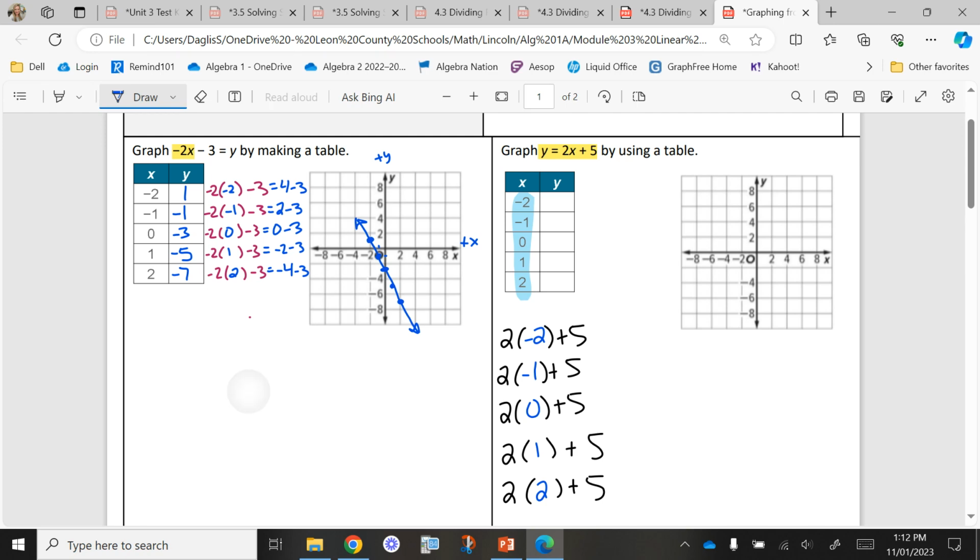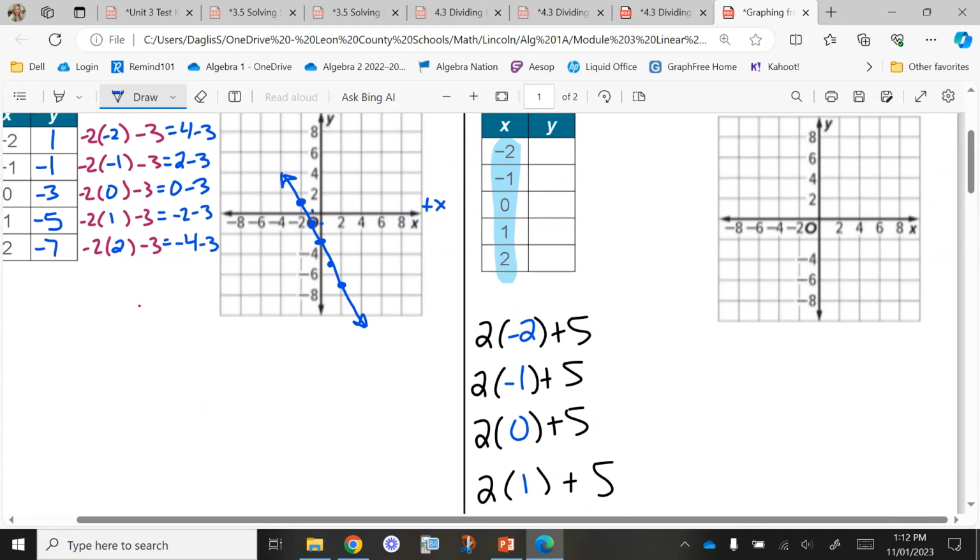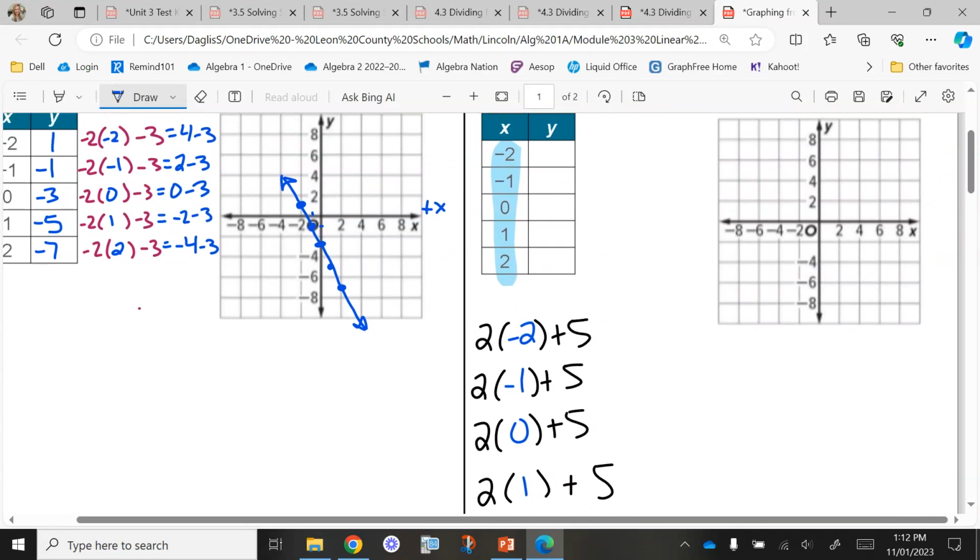All right? Our first is 2 times negative 2, which is what? Negative 4. And what's negative 4 plus 5? 1. Negative 4 plus 5 brings me to positive 1.